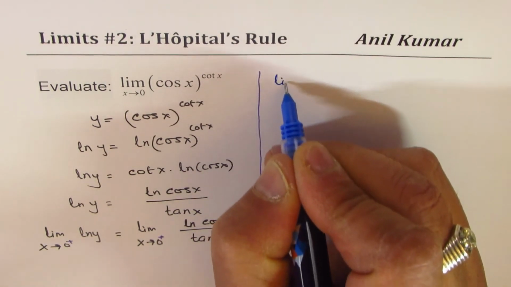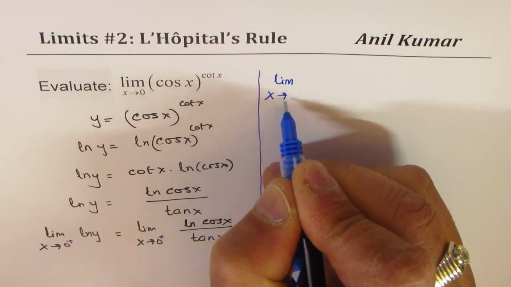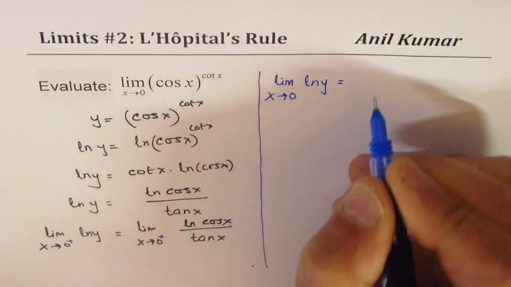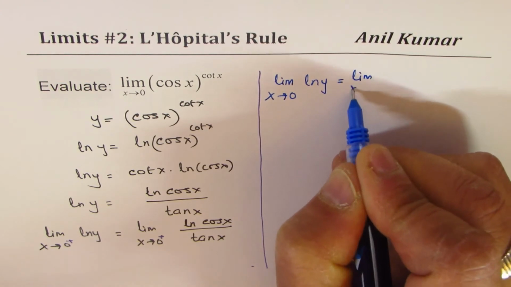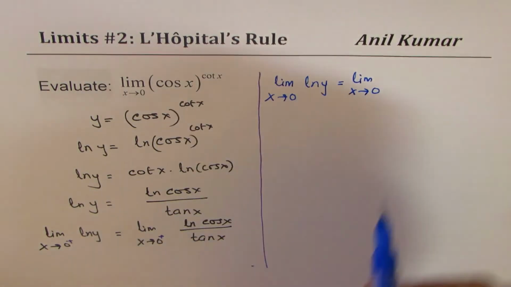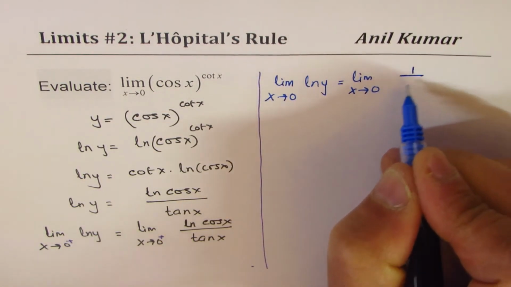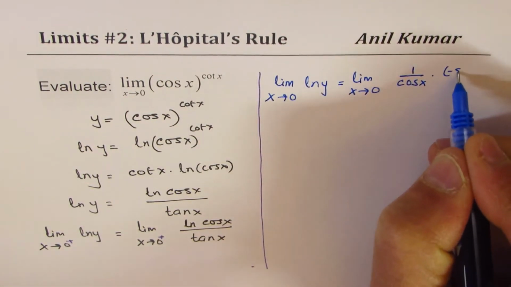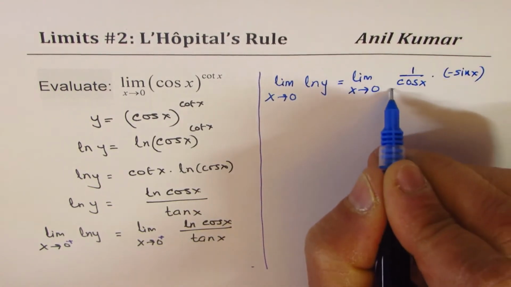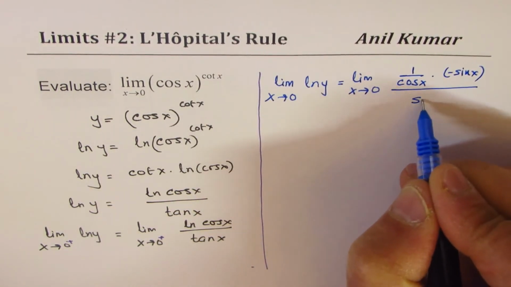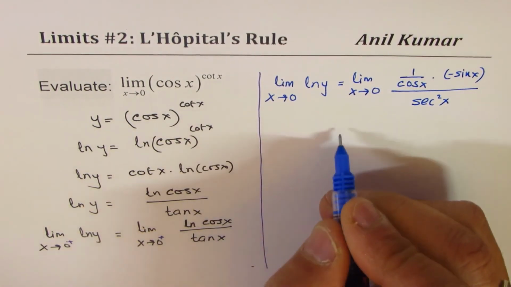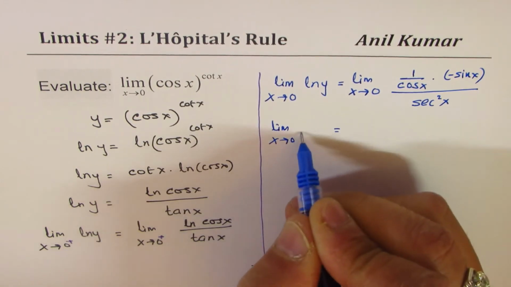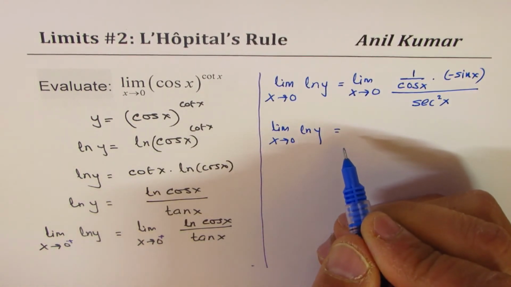So we'll write this as the limit as x approaches 0 for ln y equal to the limit as x approaches 0 of the derivative of ln cos x, which is 1 over cos x times the derivative of cos x, which is minus sin x, divided by the derivative of tan x, which is secant square x.